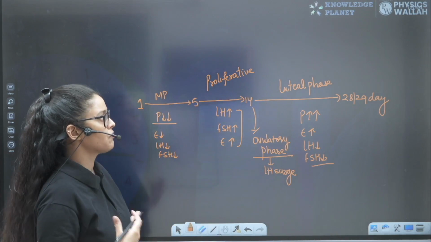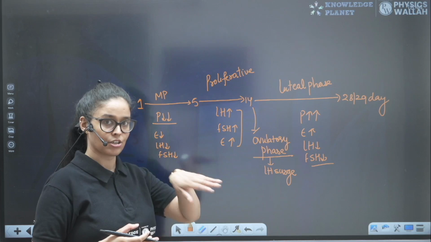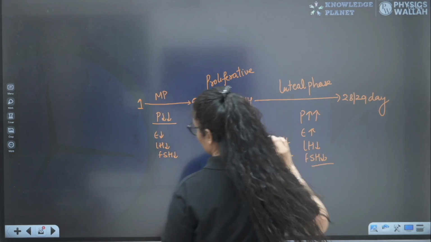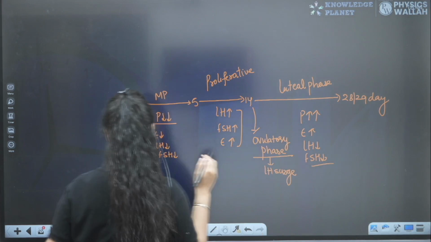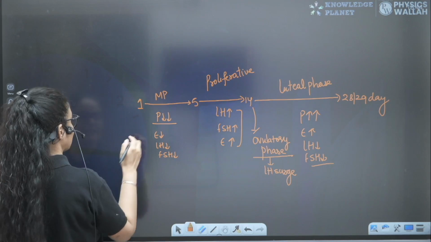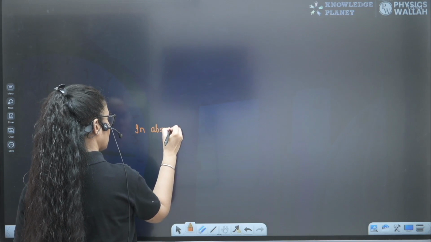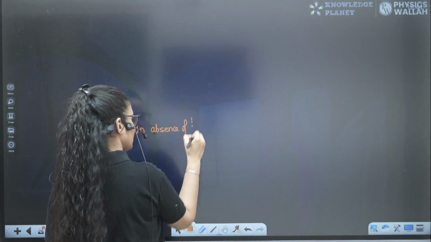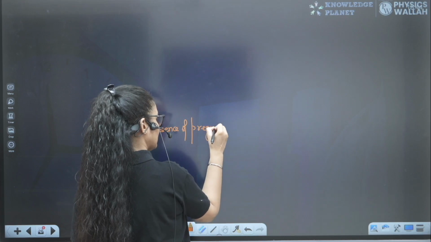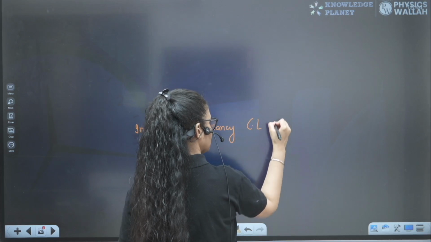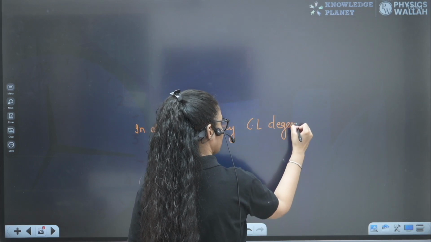And this is how exactly it happens. So when there is no fertilization, the luteal phase degenerates, means corpus luteum will degenerate. And when corpus luteum degenerates, what will happen? Progesterone will not be released. So in absence of pregnancy, corpus luteum will degenerate after some time.